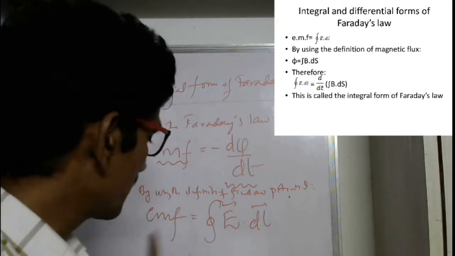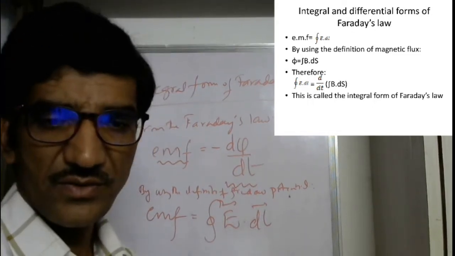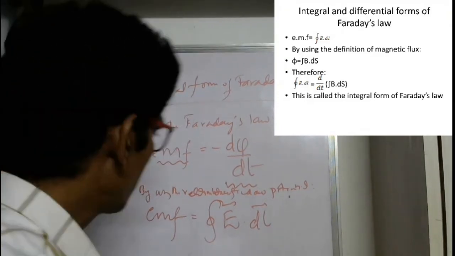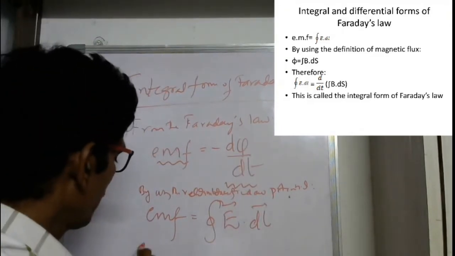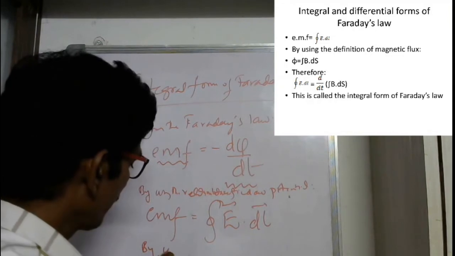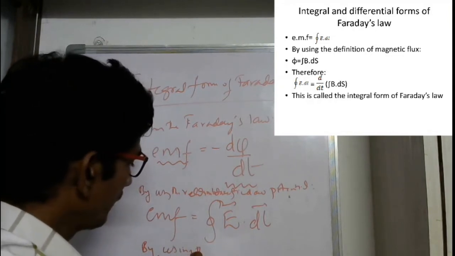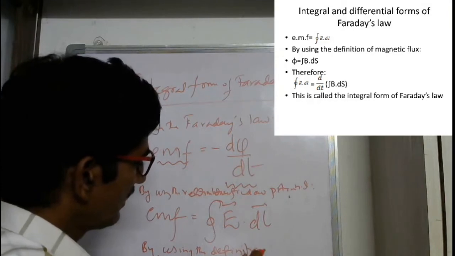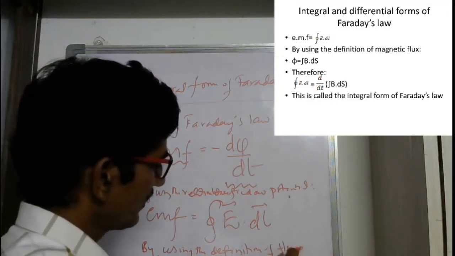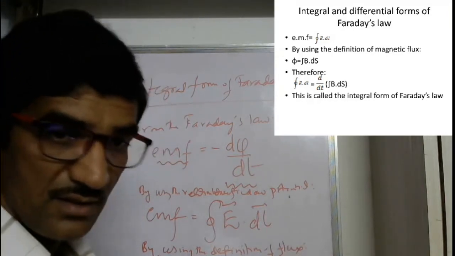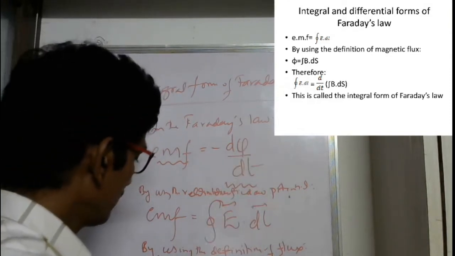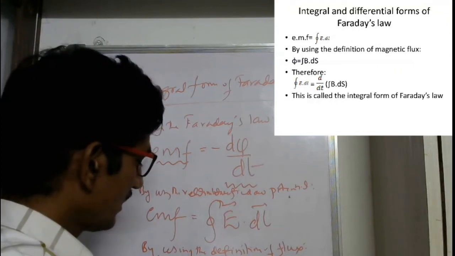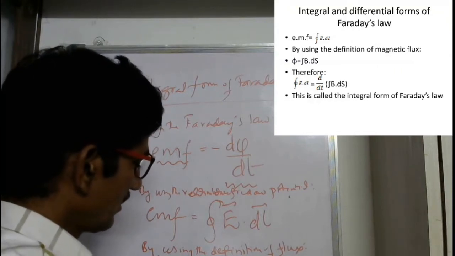Simply, potential is equal to field into distance, dl. Now let us take the definition of flux. By using the definition of magnetic flux, which is related to magnetism, phi is equal to integral B dot ds.